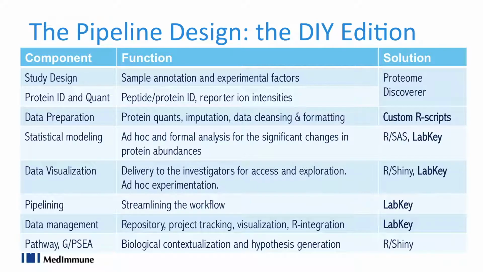Then we're going to do the analysis in R, running R scripts to analyze the data and do the stats. But we're going to use LabKey to manage the results of analysis and help us organize the data. For the visualization and further analysis that we could not do well in LabKey, we can still do it in R Shiny. So that's our solution for the in-depth analysis.